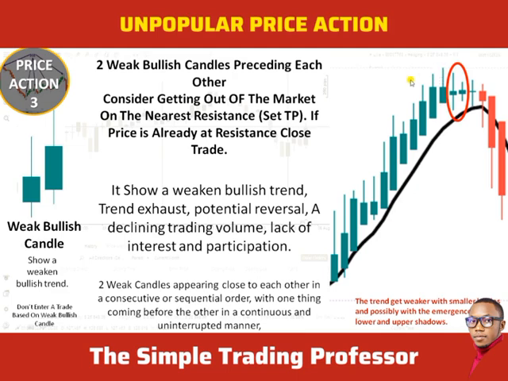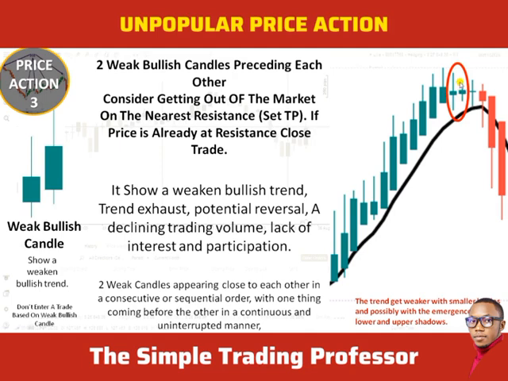So price has already touched a resistance line, and then these two candles come up. It shows that the trend is weakening. The buy trend is exhausted. There is a potential reversal. The volume has declined because there is a lack of interest and participation in this particular market at the time.